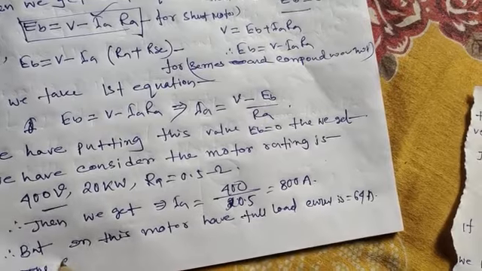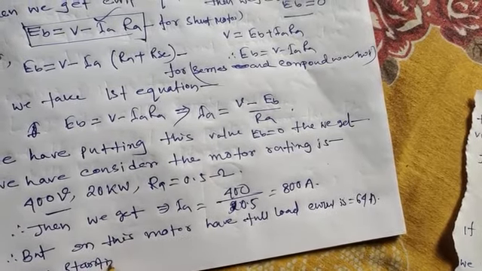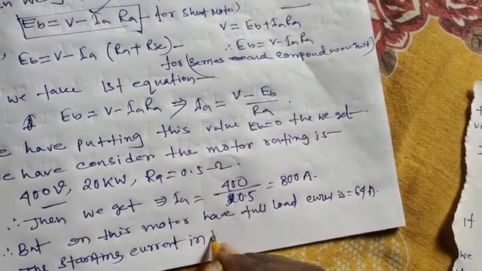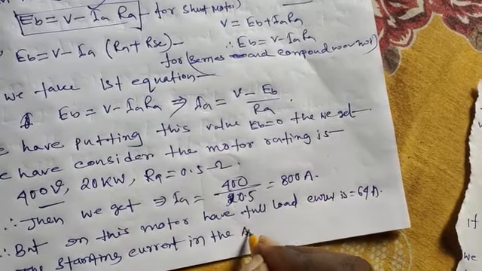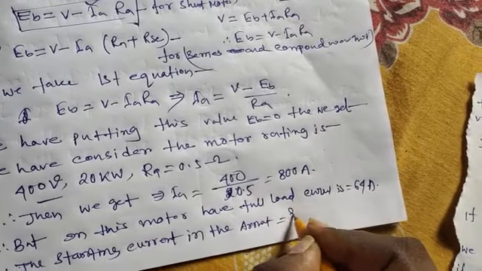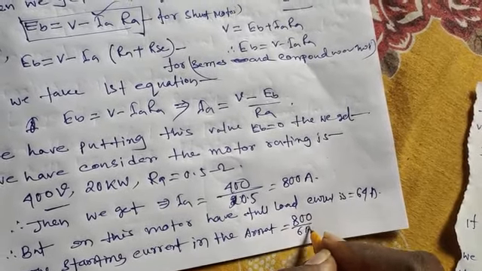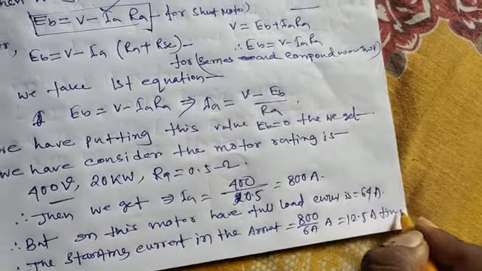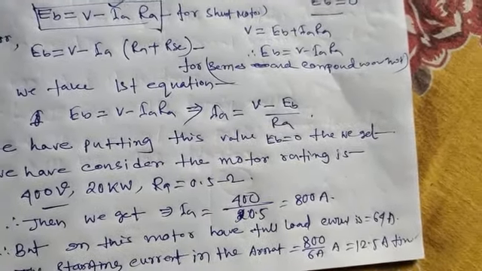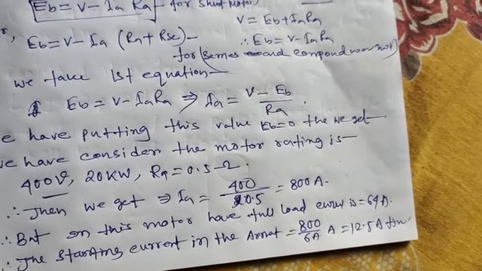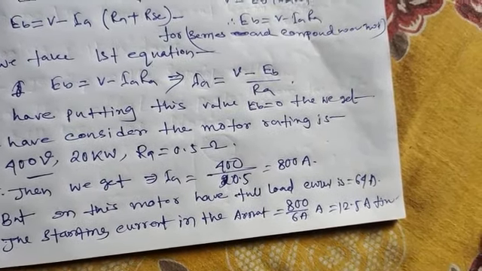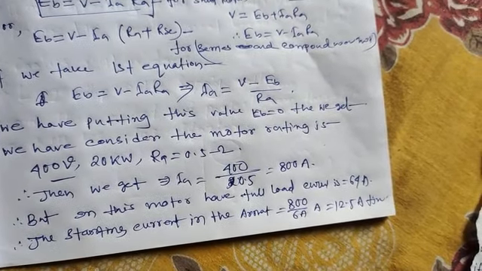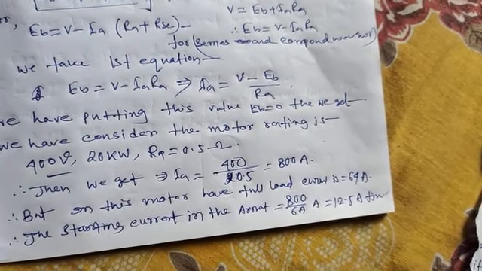The starting current in the armature is 12.5 times more than the full load current.